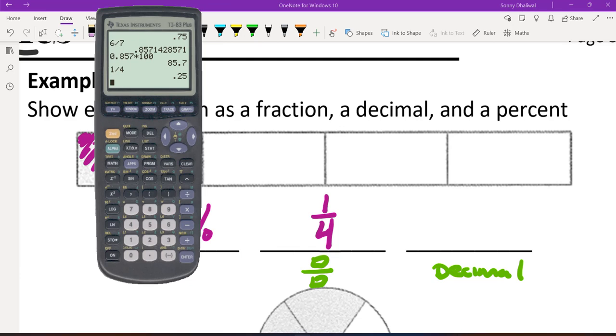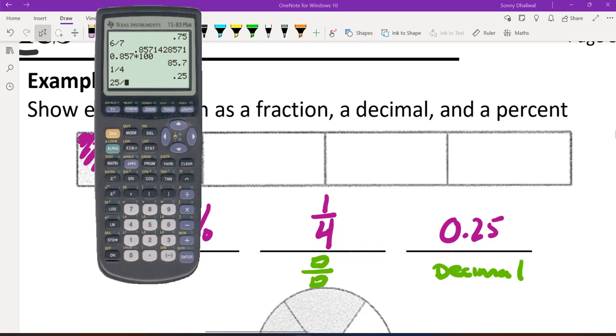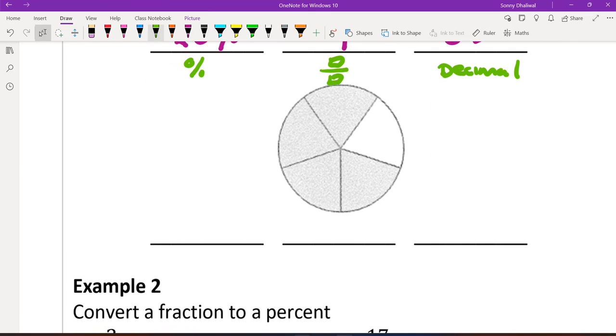So 0.25. You go 1 divided by 4, or you go 25 divided by 100. It gives you the same answer. Now for this one: percentage, fraction, decimal.